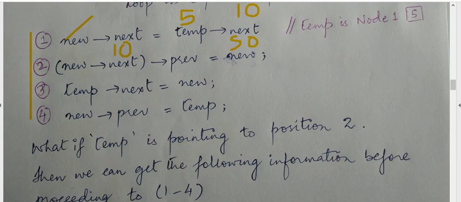So we have made the back connection from 10 to 50. Then temp is your 5. In the next of 5, we are putting your new node. And in the previous of new node, we are putting 5. So this completes your add at a position.